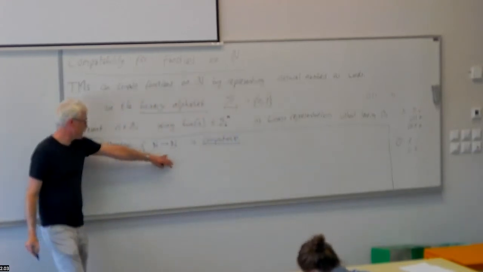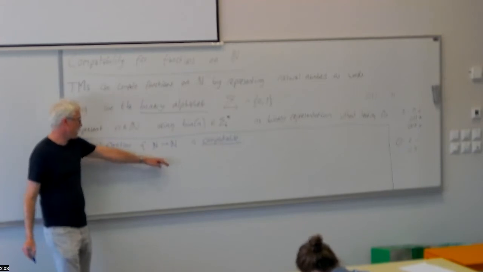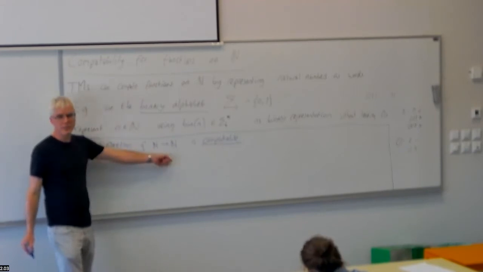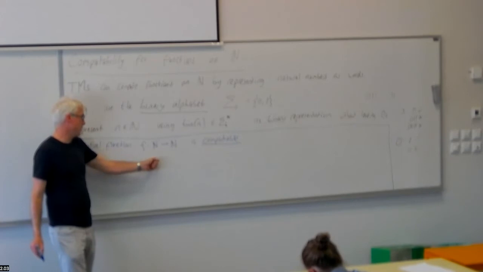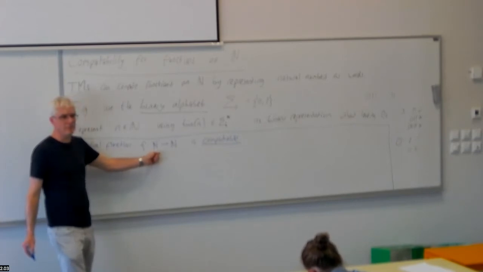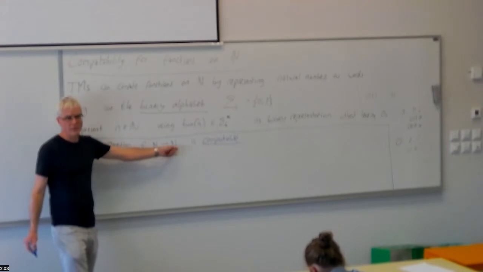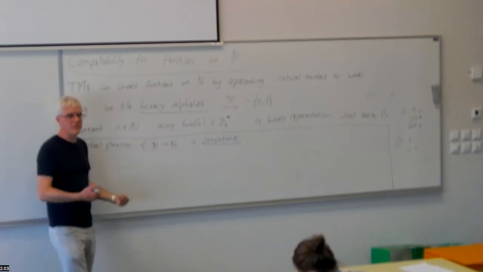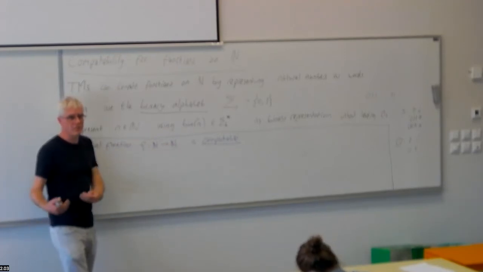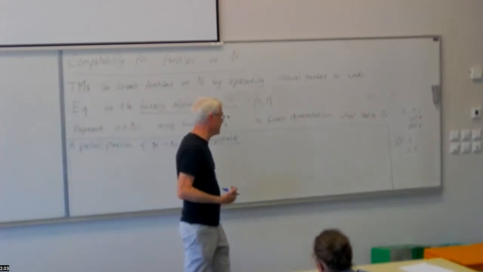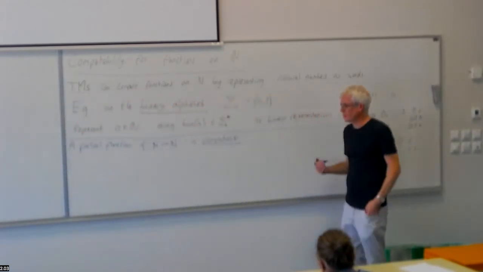Well, what do we want it to be computable? We want a Turing machine that, given a representation of a number in the input as a word, will give us the word that's a representation for a number in the output. We've already defined the notion of computability for a function on words.